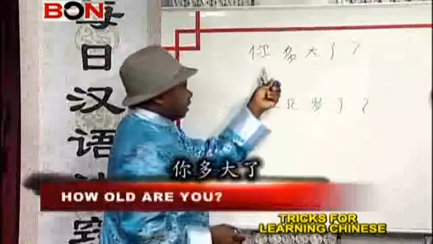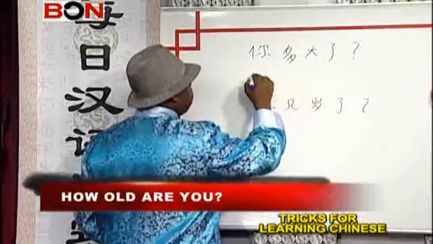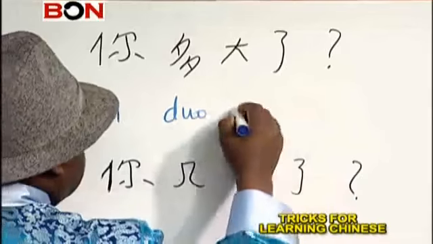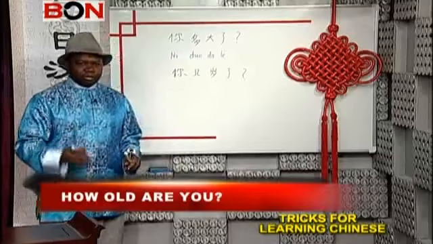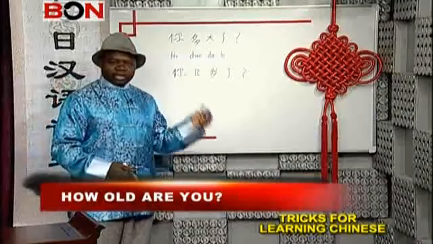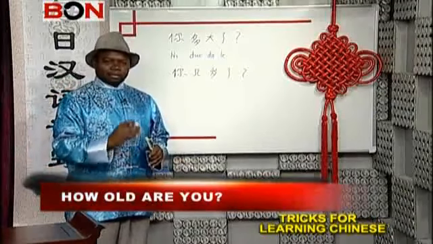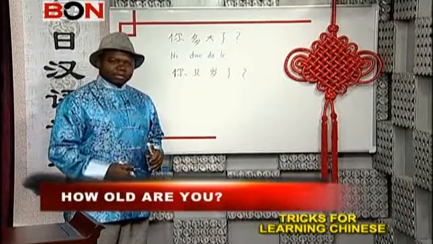So, 你多大了? How to pronounce it, how to write the phonetics. For us who are already kind of used to the tones, when I say 你多大了, you can guess which tones are used here.